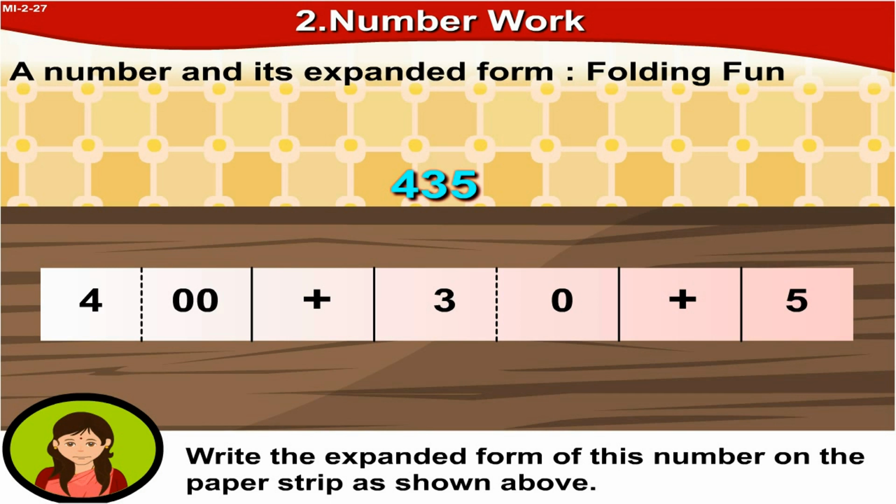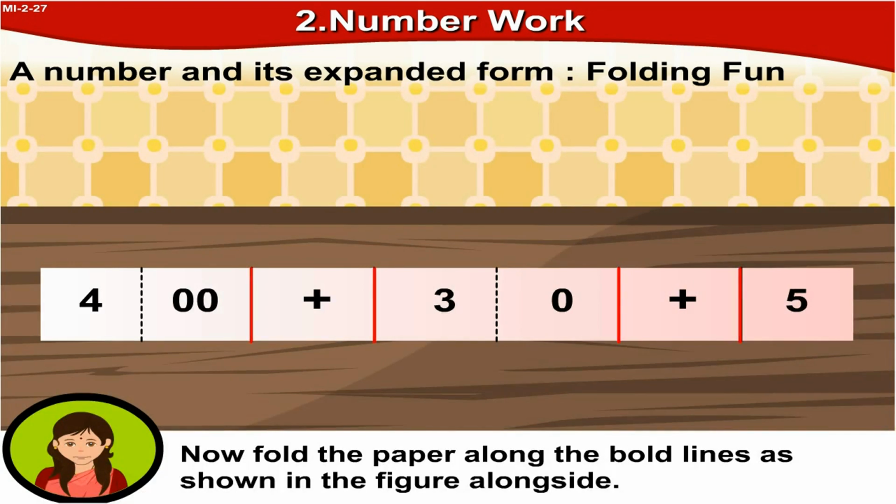That would be 400 plus 30 plus 5. Now fold the paper along the bold lines as shown in the figure alongside.